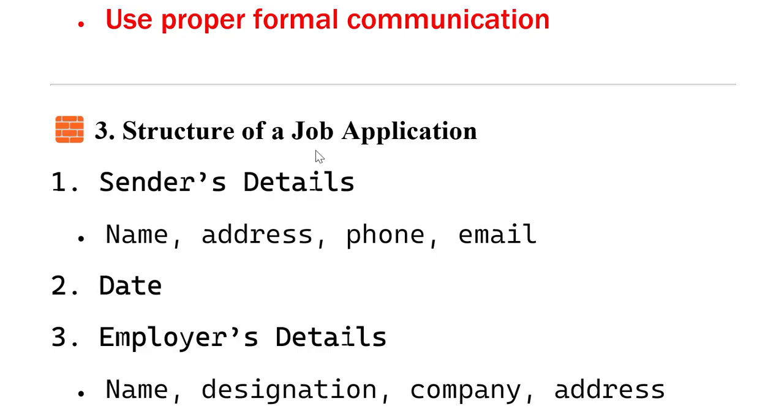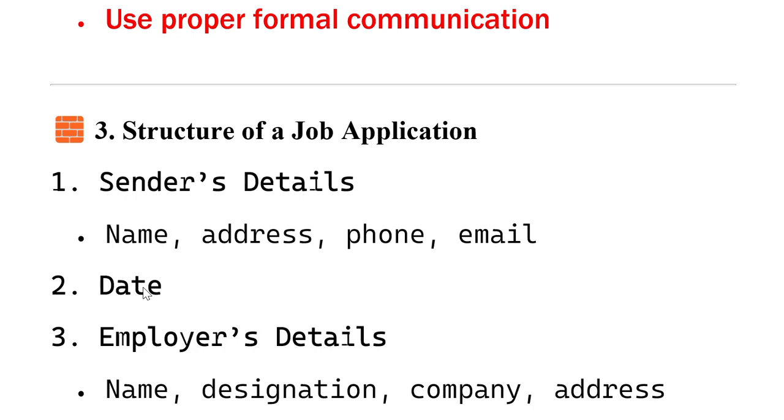Now let us first go through the structure of a job application. First of all, we have to learn that the sender's details must be there in the application letter. We have to put our name, address, phone number and email. Second, we have to write the date of application.